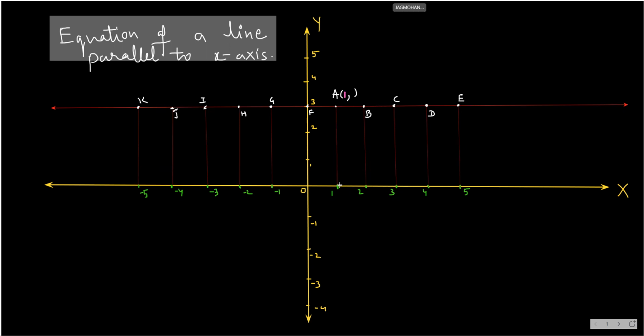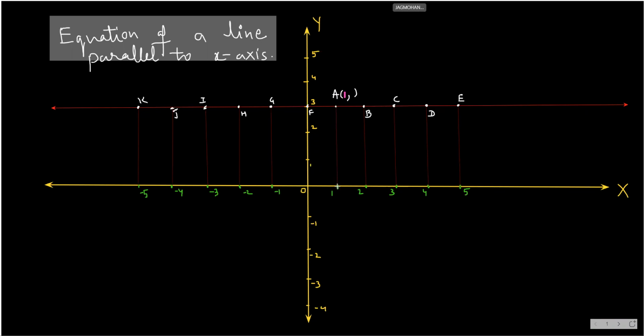Next. Now find out the y coordinate of A. What is the y coordinate of a point? It is the displacement of the point along y-axis. See, this way, the displacement along this direction, y-axis. Y-axis is like this, up, right?